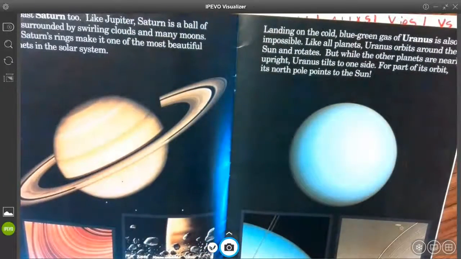Landing on the cold blue-green gas of Uranus is also impossible. Like all planets, Uranus orbits around the sun and rotates. But while the other planets are nearly upright, Uranus tilts to one side. For part of its orbit, its north pole points to the sun.